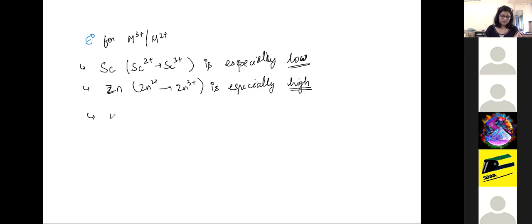Similarly, what can you say about manganese? So if you were to convert Mn2 plus to Mn3 plus, is it going to be high or low? Manganese and iron, also Fe2 plus to Fe3 plus.